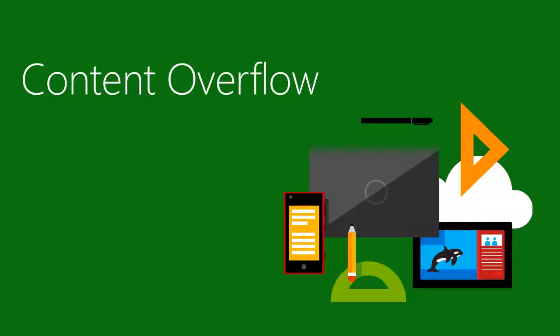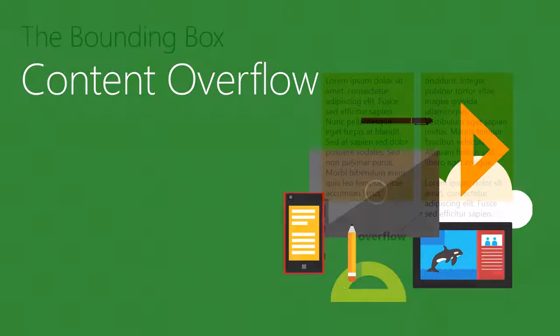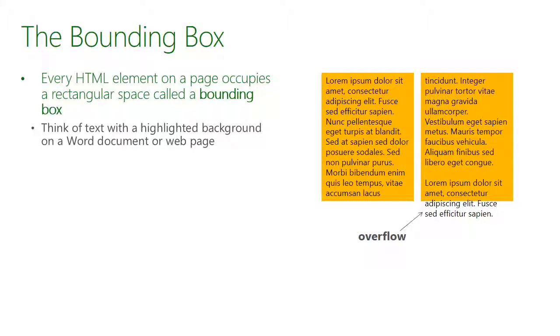Next up, we're looking at content overflow. The bounding box. Every HTML element on a page occupies a rectangular space called a bounding box. You can think of text with a highlighted background on a Word document or a web page.